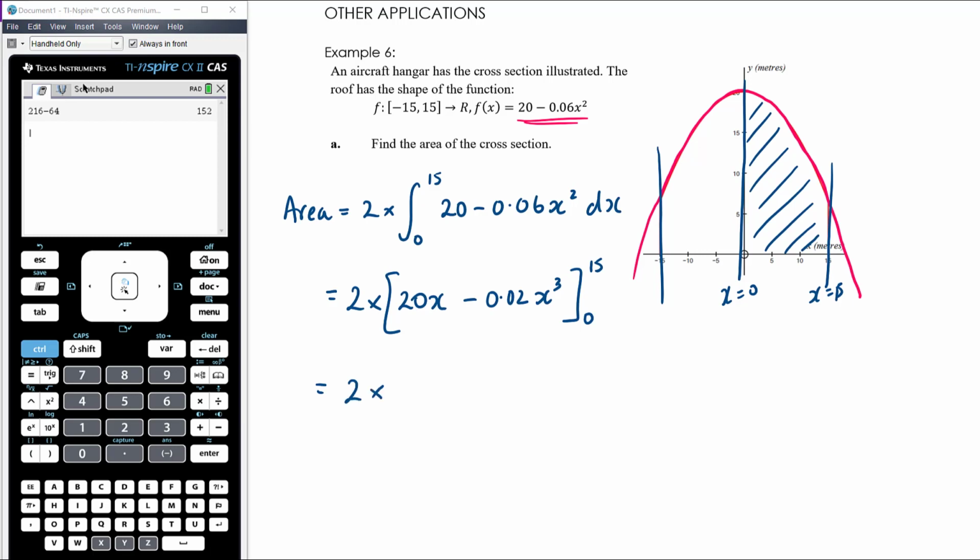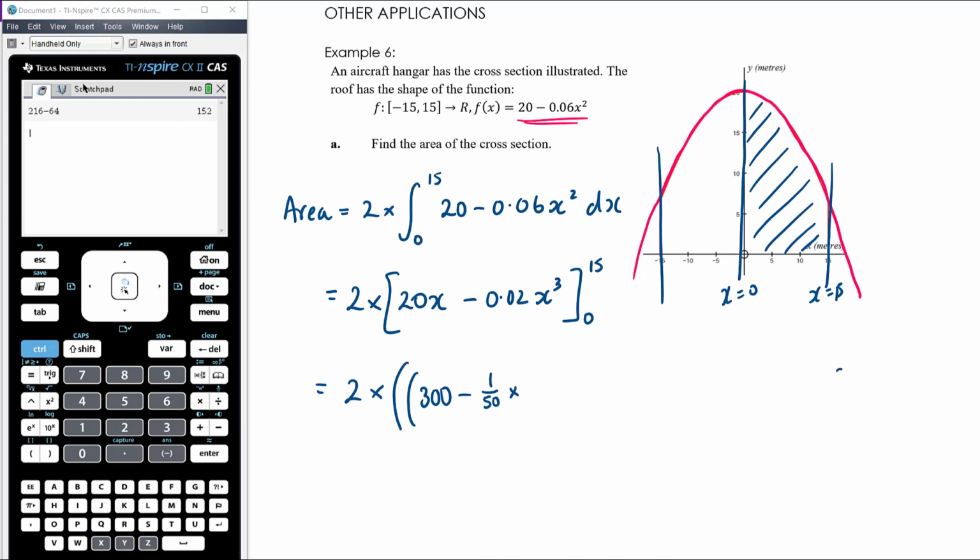Okay, so that is 2 times. Alright, so we're going to have 20 times 15. 2 times 15 is 30, so 20 times 15 is 300, minus 0.02. So 0.02 is 2 on 100. So it's 1 on 50 multiplied by 15 cubed.